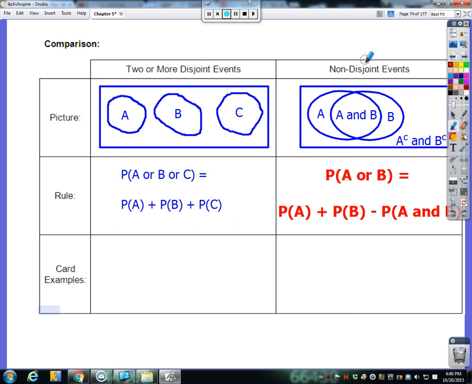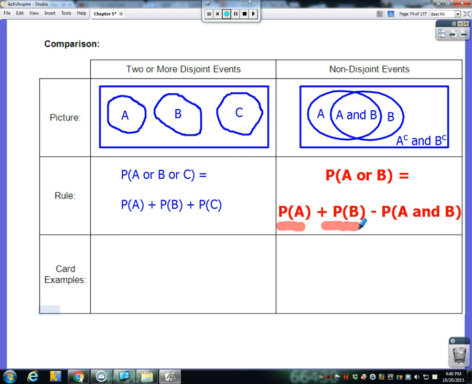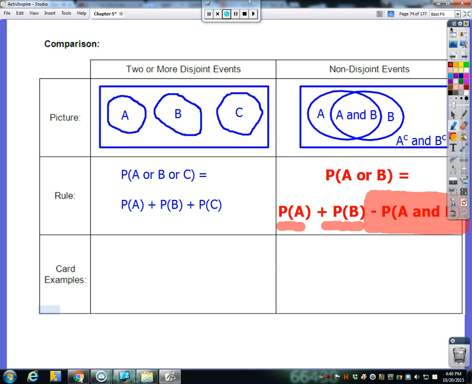So what we're going to have to do, and I'll move this over, I'll just shrink it up here, is we can still have the probability of A plus the probability of B, but we'll have to subtract away the group of people that got counted twice, once in A and once in B. So we're going to subtract away the probability that both of those occur, again, because both of them have already been counted twice.